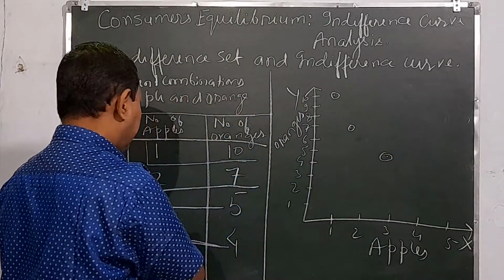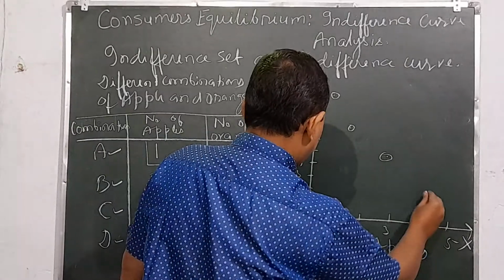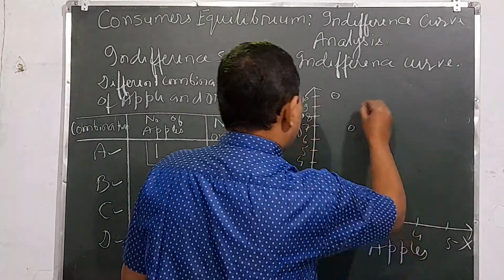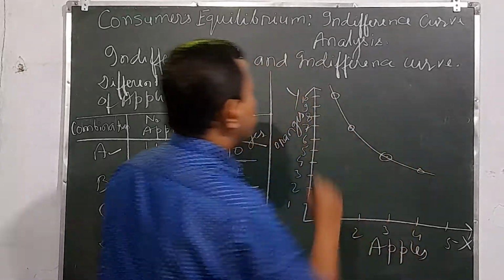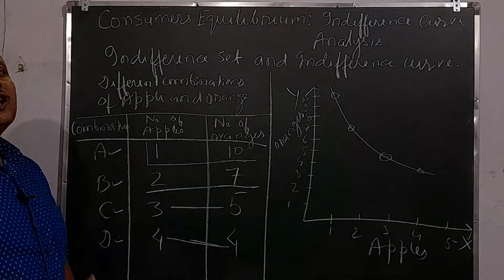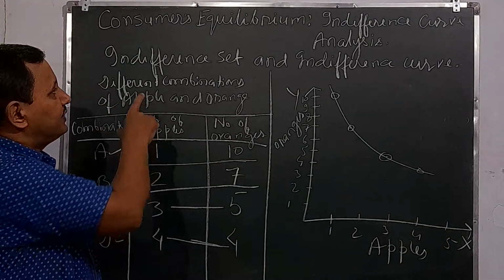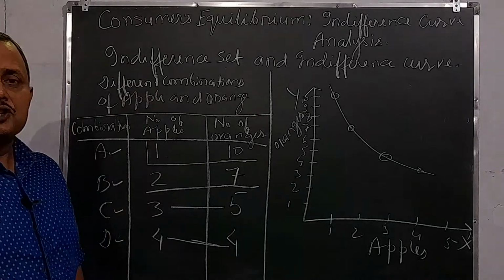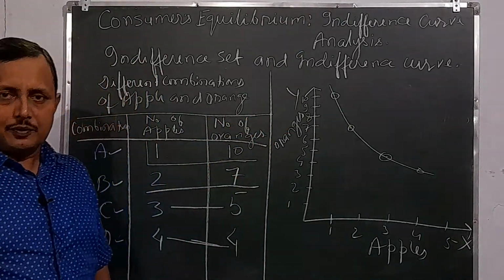Fourth one is 4 apples, 4 oranges. So this will be the curve, and this curve is known as the indifference curve. So what is the indifference curve? The indifference curve is the graphical representation of the indifference set.